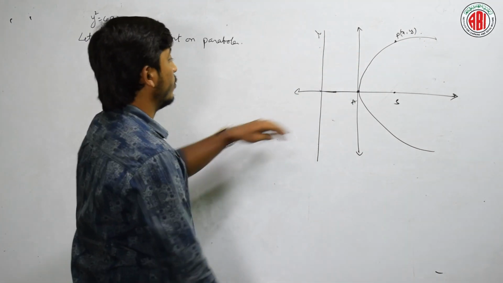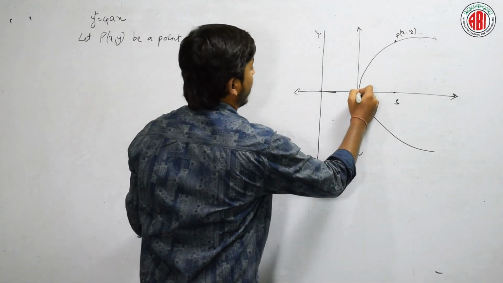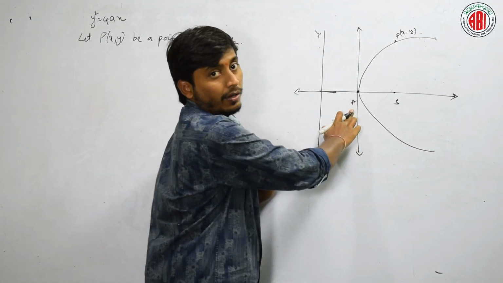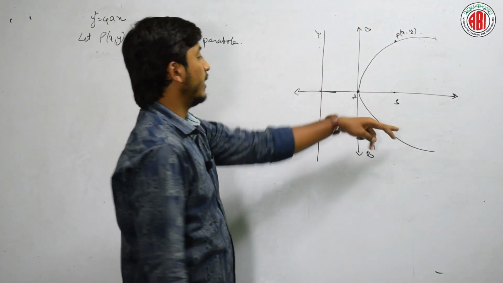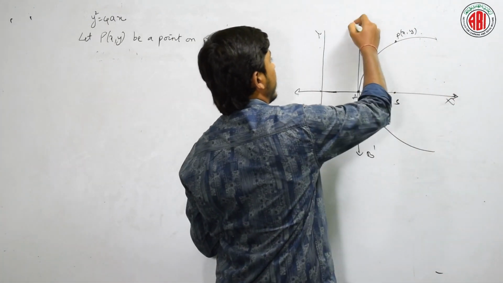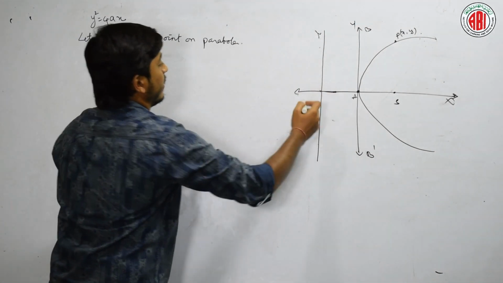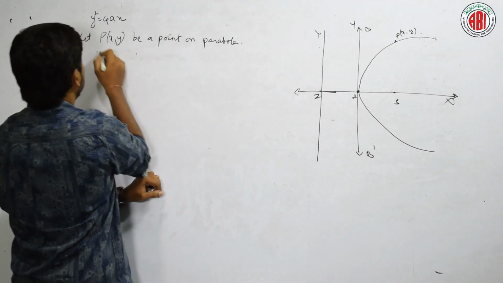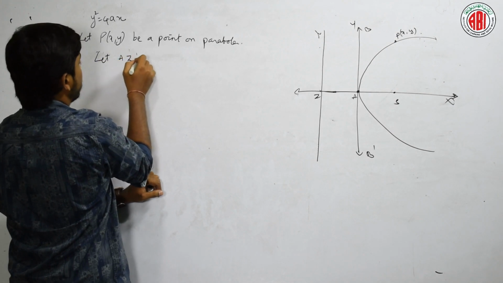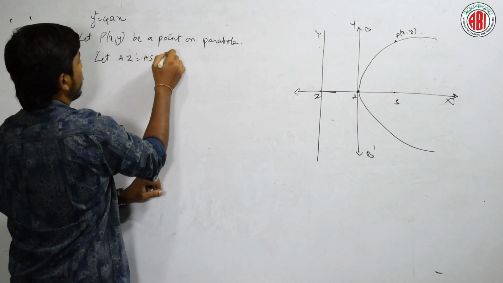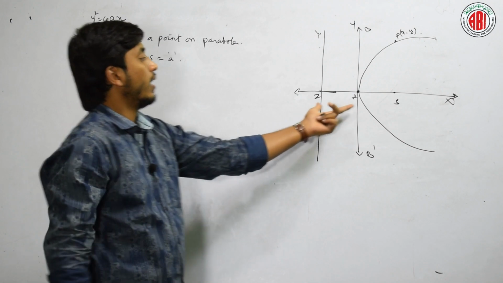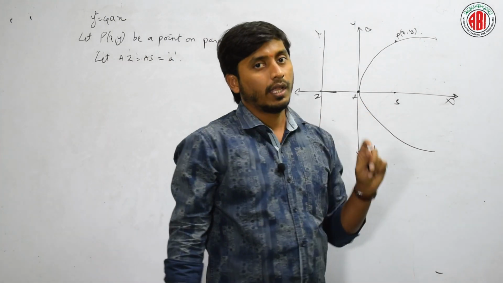Now let us assume this particular point as the origin. Let us take this as the x axis and this as the y axis. Now let me mark the point Z. Let AZ equal AS equal to some small parameter a.